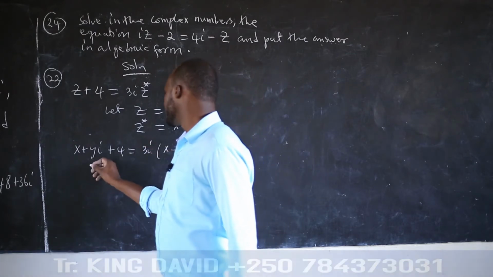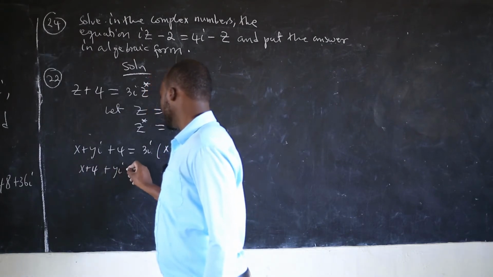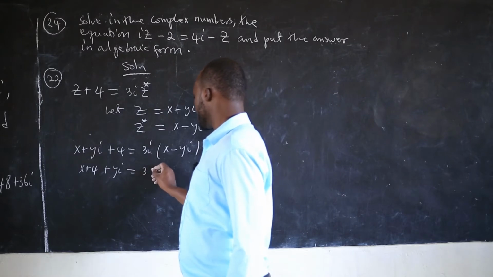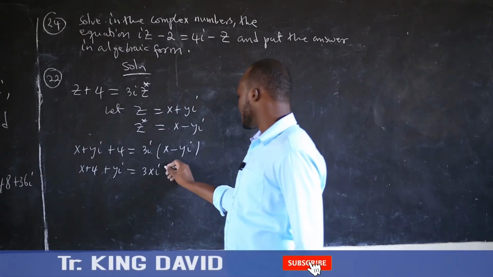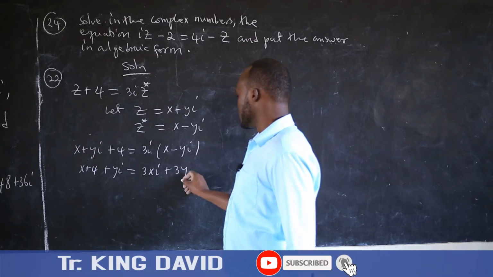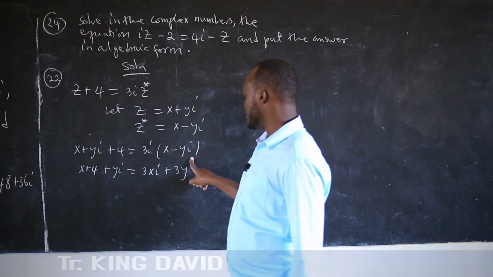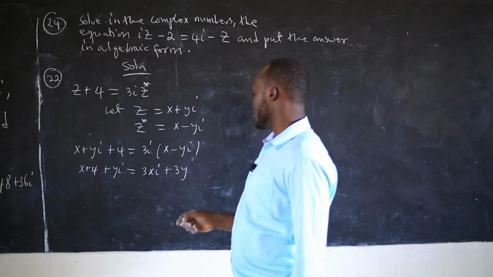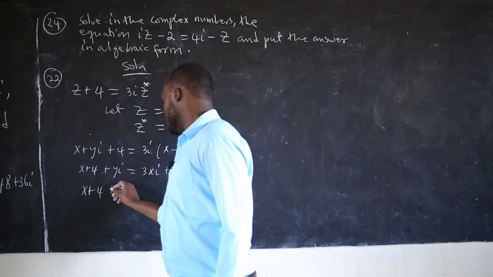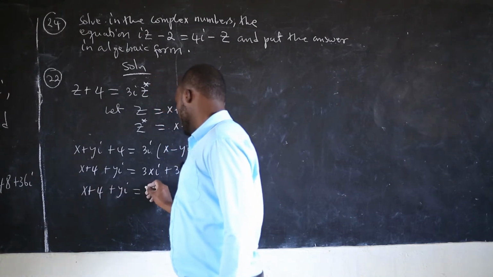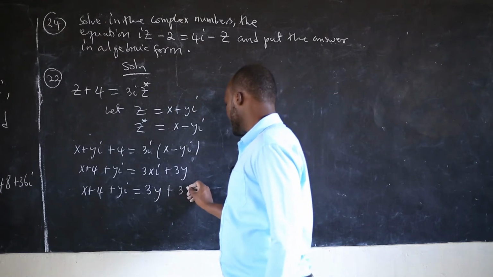So x plus 4 plus yi is the same as 3xi plus 3y, because 3i times negative yi is negative 3yi squared, and i squared is negative 1, that's 3y. So we have x plus 4 plus yi equal to 3y plus 3xi.